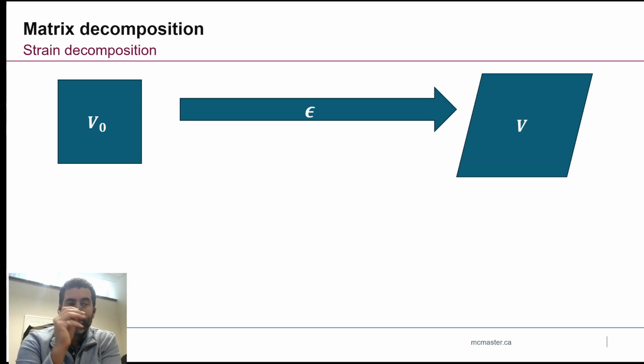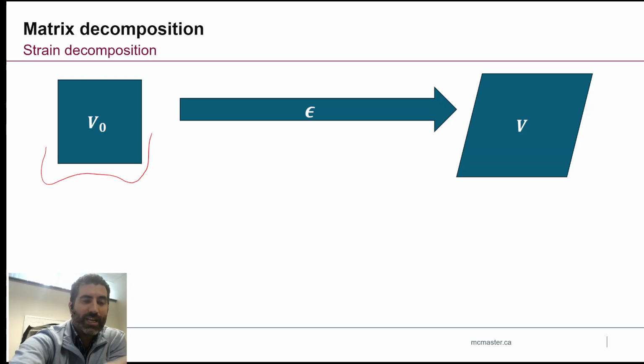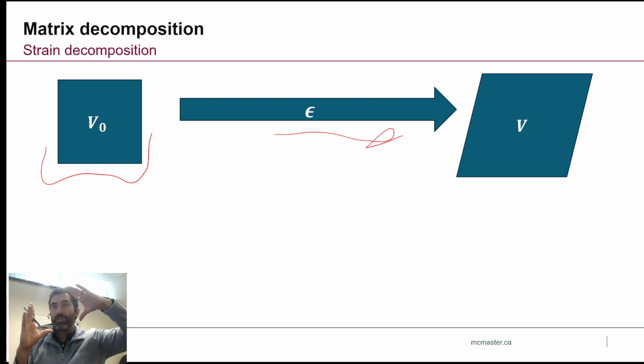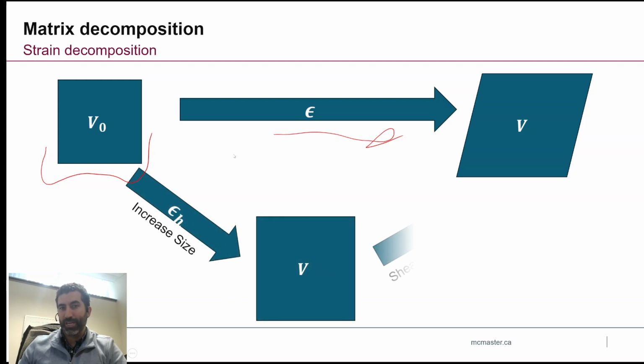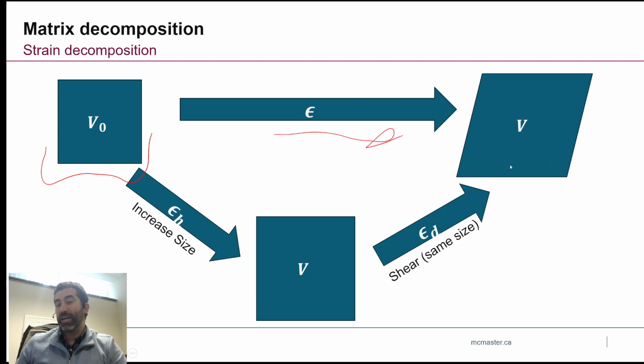So the way that strain works is that we're taking an initial volume, V naught, and then deforming it through this strain, epsilon, into some shape that is potentially a different area, a different volume, different size, as well as a shear. Now, the way that we just described that turns out to be both conceptually and mathematically conceivable. In other words, we can split up the transformation into an increase in size followed by a shear.